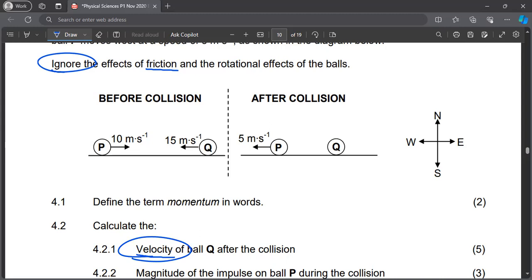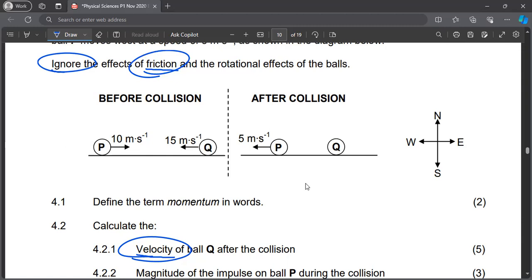Furthermore, we have to realize that the two balls are separate before the collision. Even after the collision, they still move separately. It's very important. So the easiest way for us to find the velocity is to use the principle of conservation of linear momentum, since this is an isolated system.